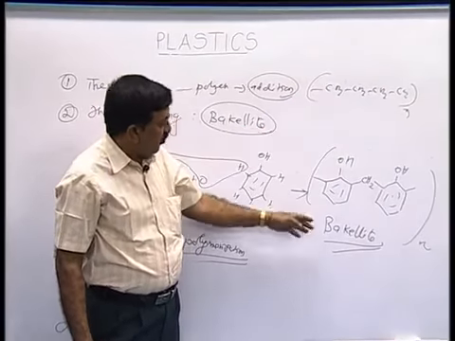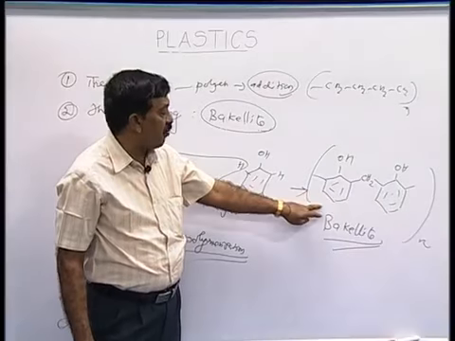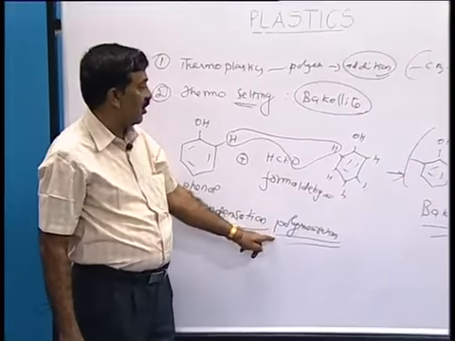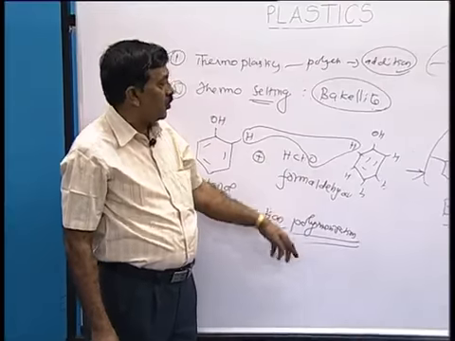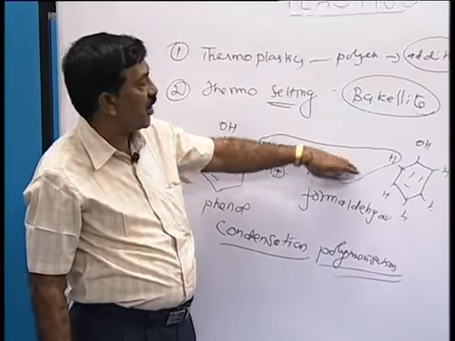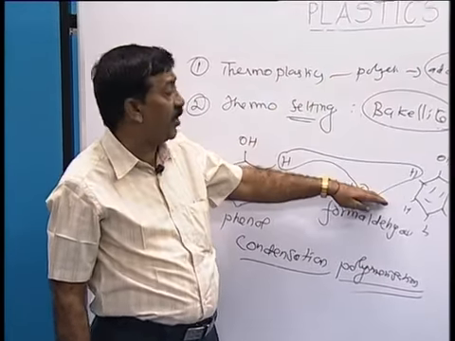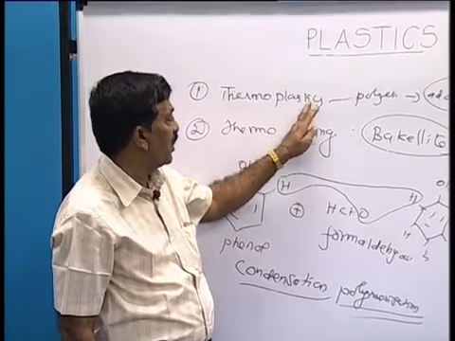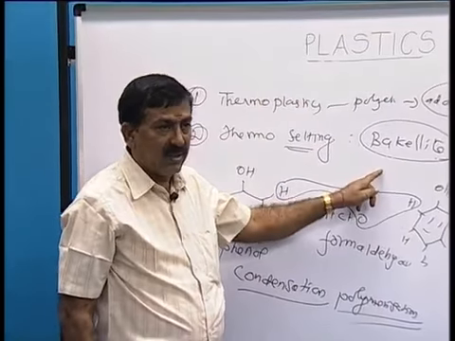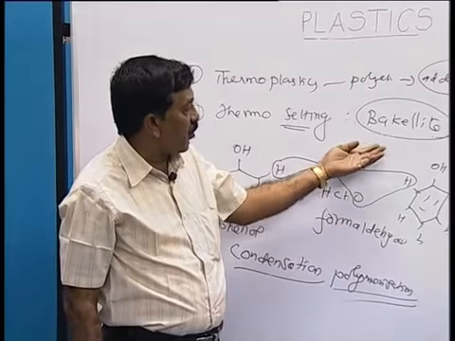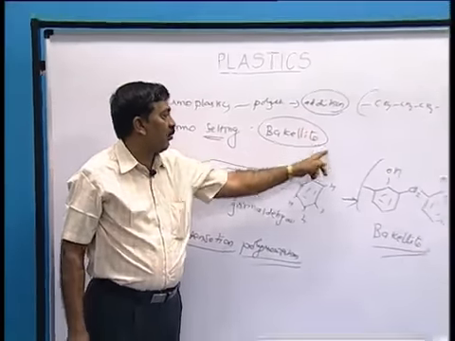Here we got a polymer product, but this type of polymerization is called condensation, with the loss of molecule. I hope that you are clear about addition polymerization and condensation polymerization types of plastic, thermoplastic, thermosetting plastics. I will show some video clippings about the usage of bakelite.